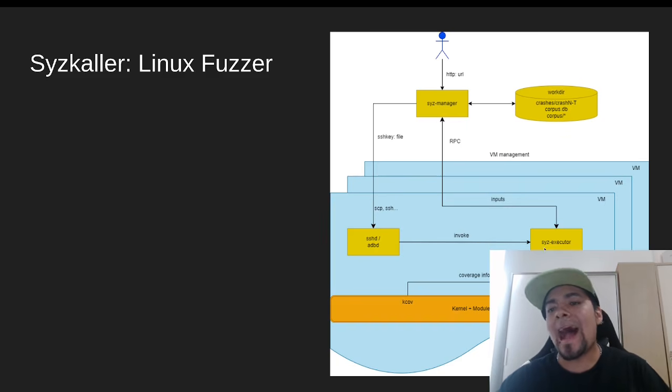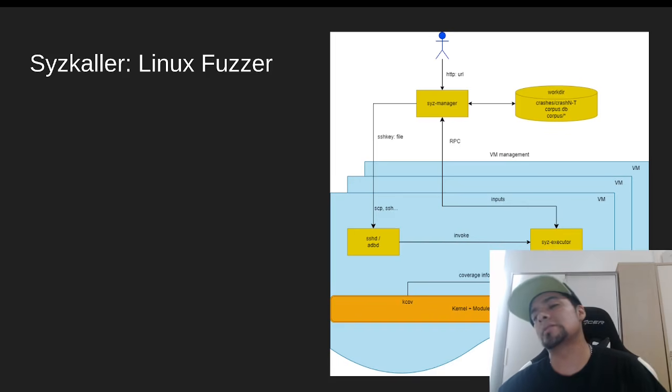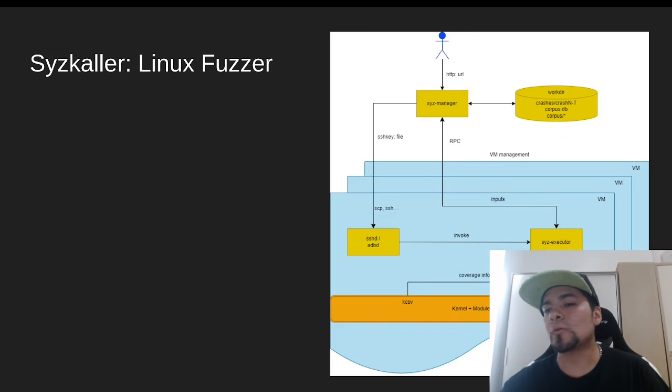Into the virtual machine you put this binary, sys executor. This sys executor receives the fuzzing code and does the syscalls. Basically, the sys executor is the binary that does the syscalls in the kernel.